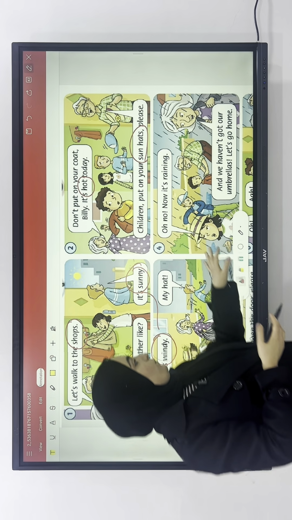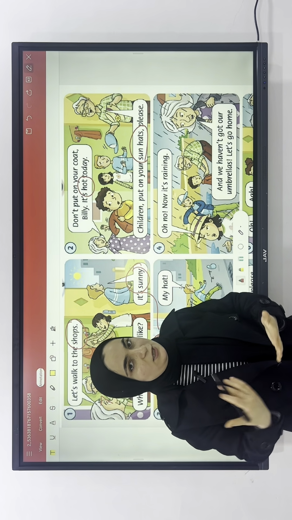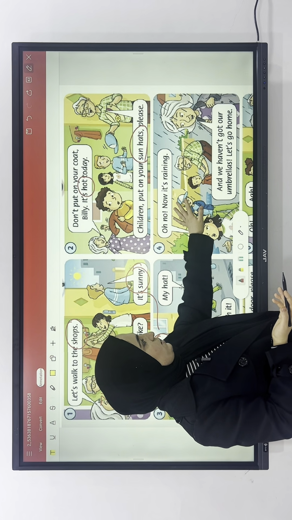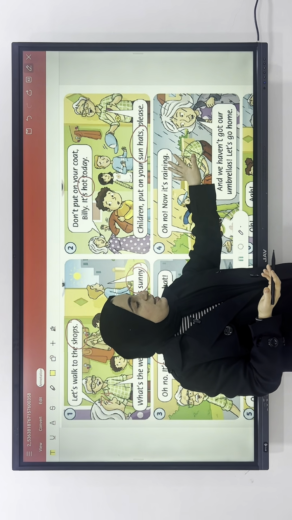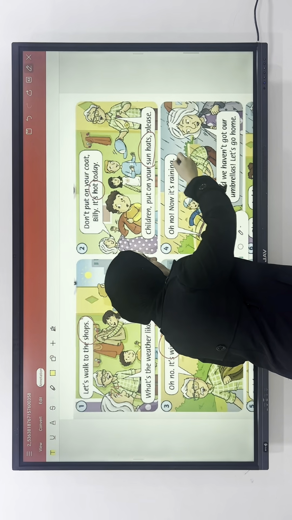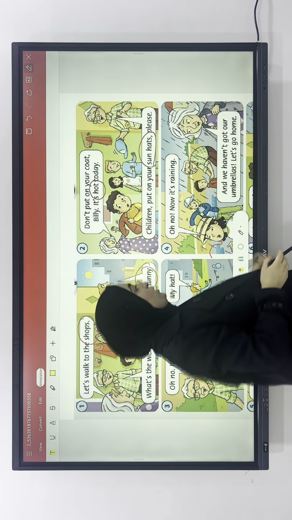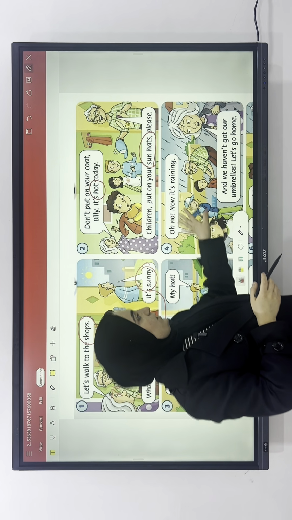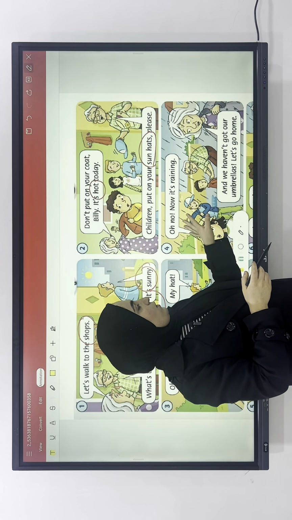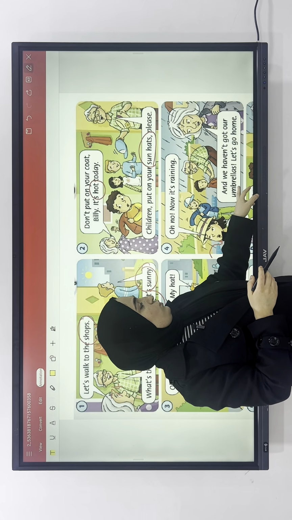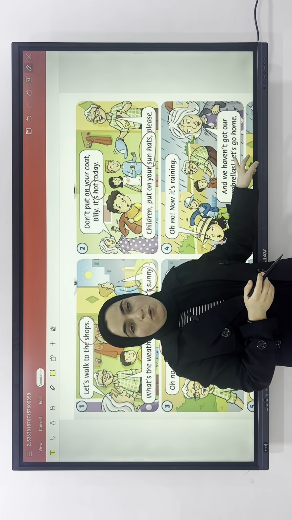Picture number 4. And then the weather changes again. From windy to, oh no, now it is raining. Now it is what? Raining. So the weather changes from sunny to windy, then to rainy. Oh no, now it is raining and we haven't got our umbrellas. Let's go home.